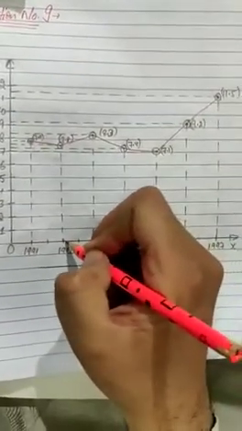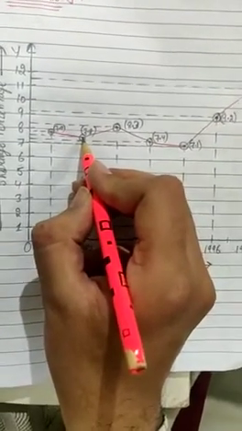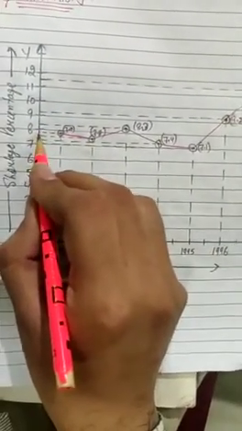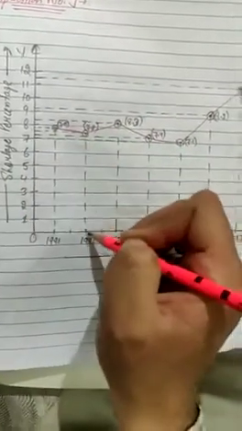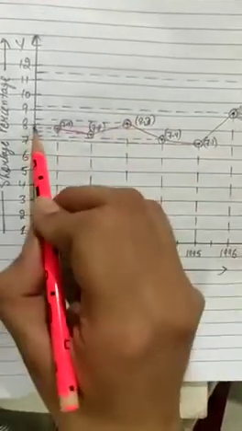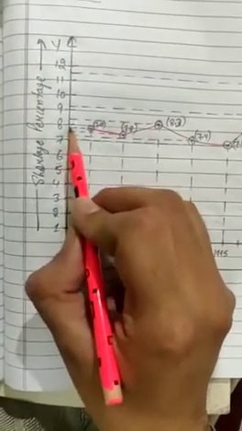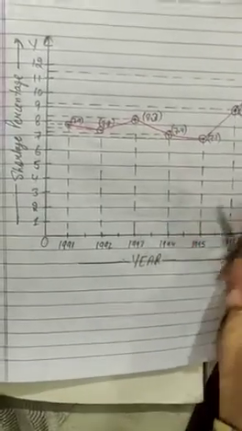Similarly, in 1992 the shortage percentage was 7.8, so just below 7.9 we'll mark 7.8 on 1992. The next is 1993, the percentage was 8.3, just above the 8 we will mark on 1993.